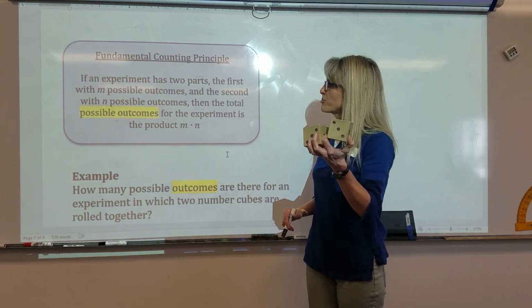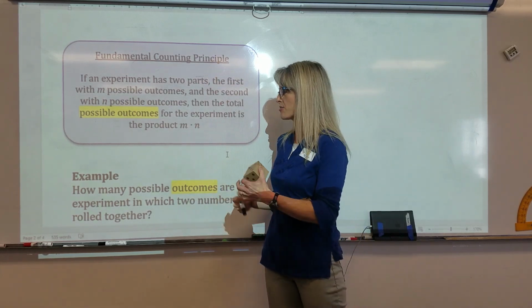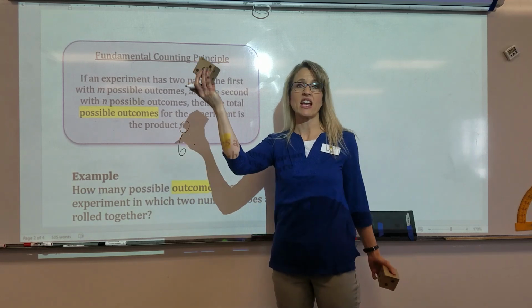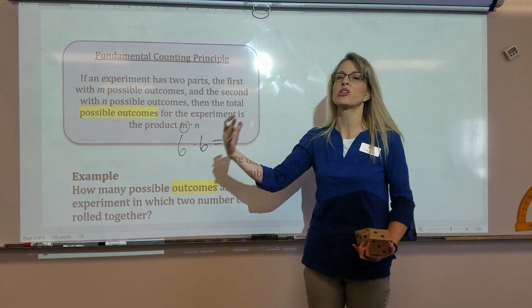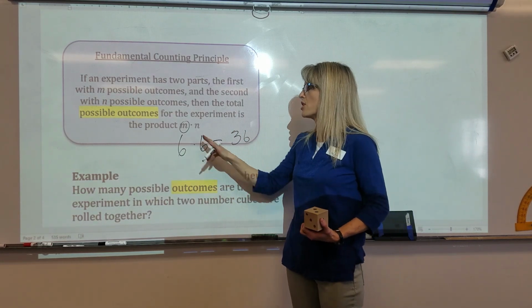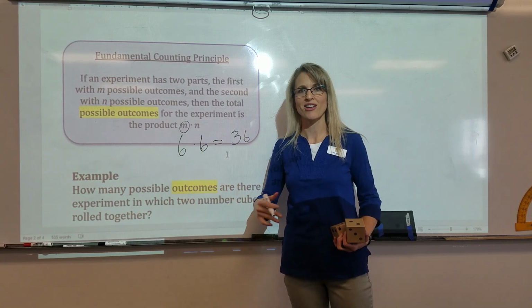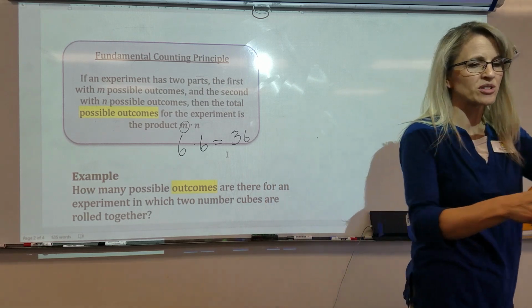The fundamental counting principle says that if I've got one event that has 6 outcomes, or M, and a second event that has, for example, 6 outcomes, my total number of possible outcomes are 6 times 6, or 36 in this case with the dice. So we're going to multiply each event's number of outcomes to find the total number of outcomes. All right? So that's called the fundamental counting principle.